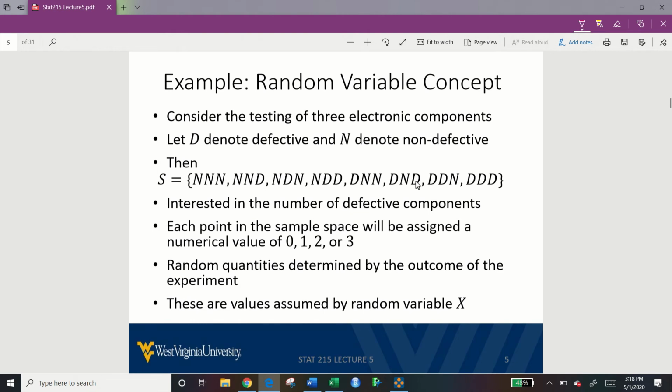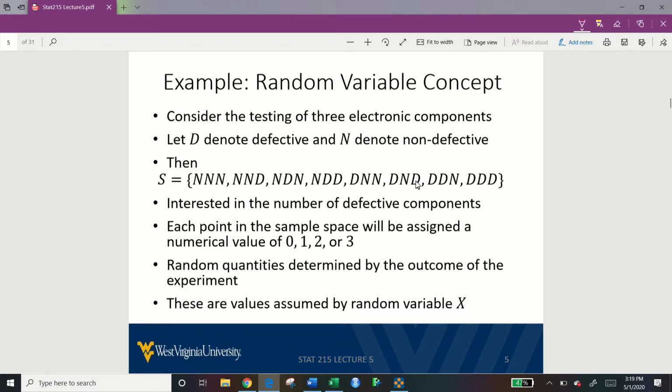So let's consider the testing of 3 electronic components. Let D denote a defective and N denote a non-defective electronic component. Then our sample space will be NNN, NND, NDN, NDD, DNN, DND, DDN, DDD.